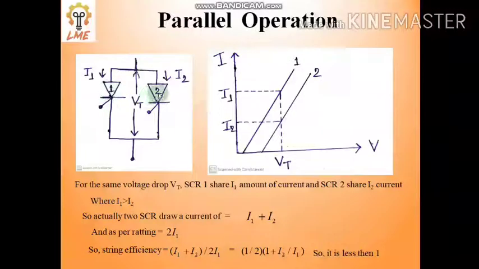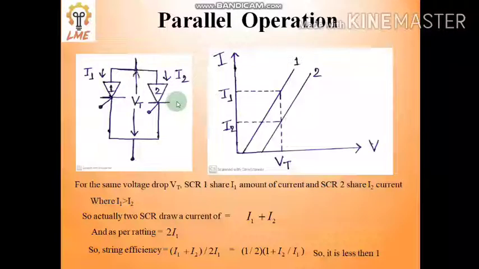If the temperature of both SCRs is maintained the same, then that may be a solution. In this method, we combine all the SCRs of a string on a particular heat sink. So if we use a single heat sink, a single connected heat sink among all the SCRs which are connected in parallel, then what will happen?